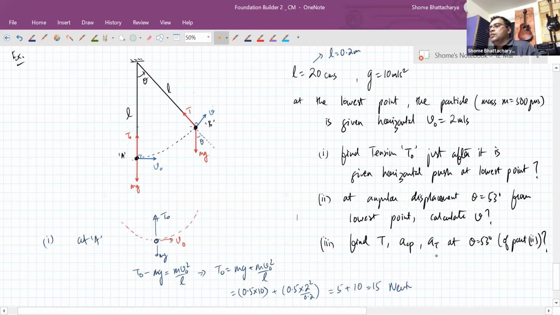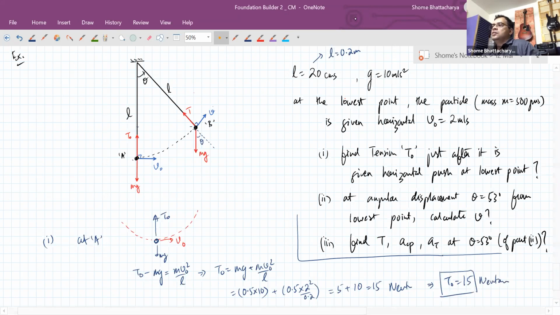Very good. So the tension T naught at the initial point is 15 newtons. Okay, so very good, Jay. You got this correct.